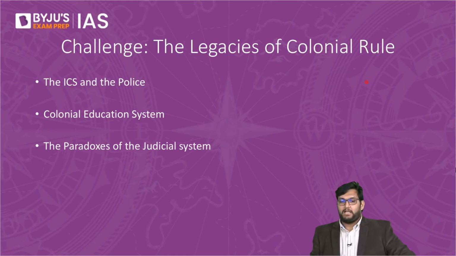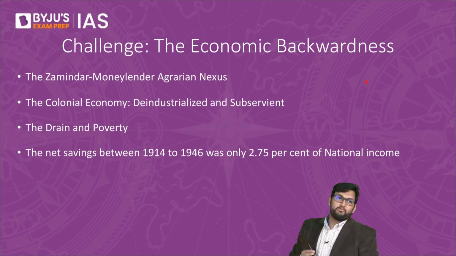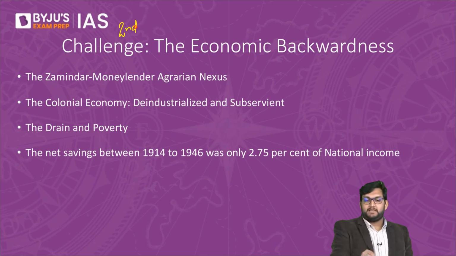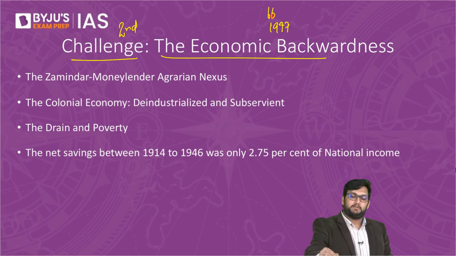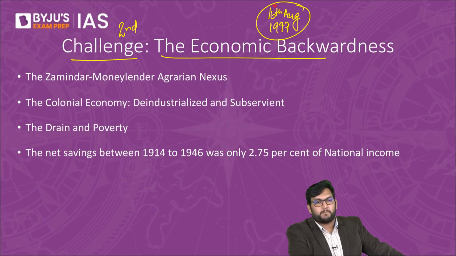Because along with that, we have a major issue, which is the second challenge which India has, that we were literally bankrupt on 16th August 1947. There was no money.